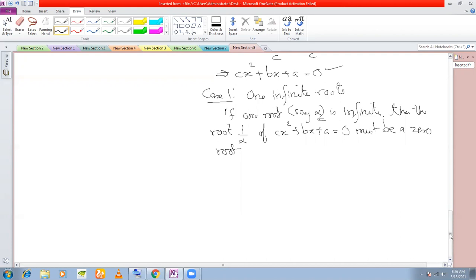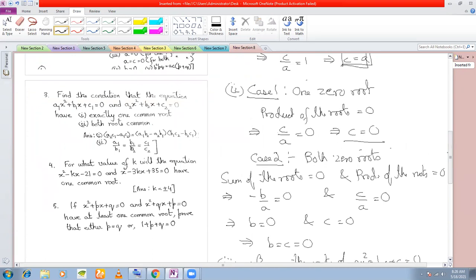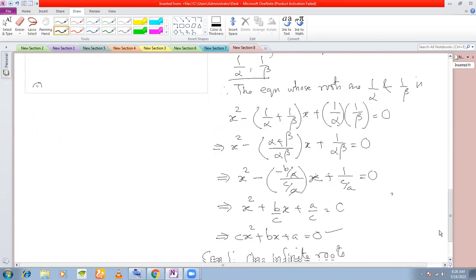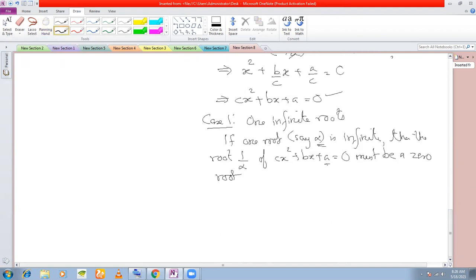So what was the condition for the 0 root? The condition for 0 root was that the constant term c must be equal to 0. And in this case, what is the constant term here? a. So from case 1, a must be equal to 0, right?